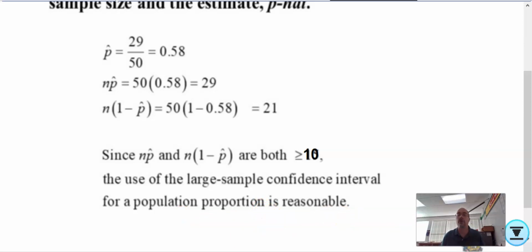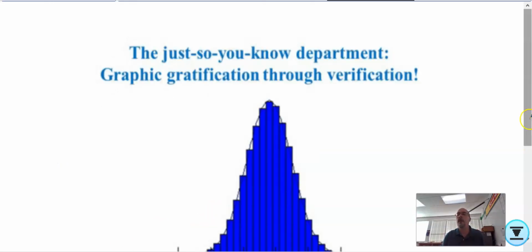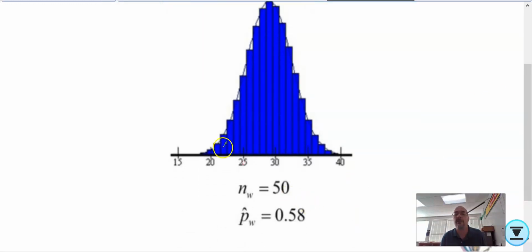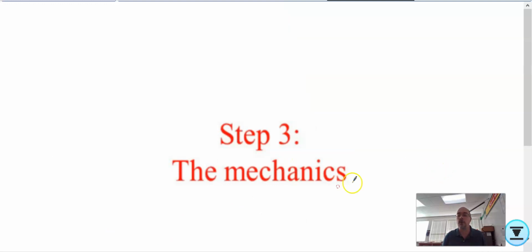We are good to go on that. Here's just a little graph, a histogram, showing how very normal it actually is. Don't worry about that.